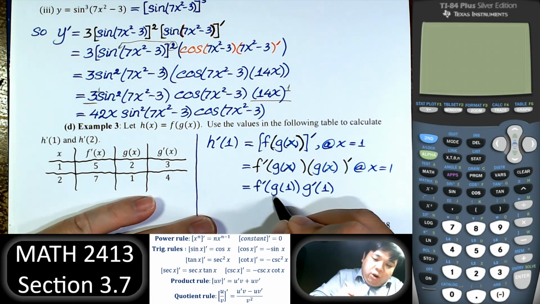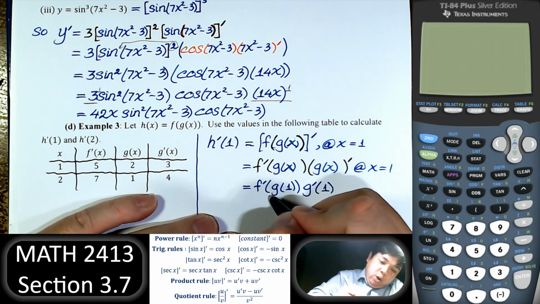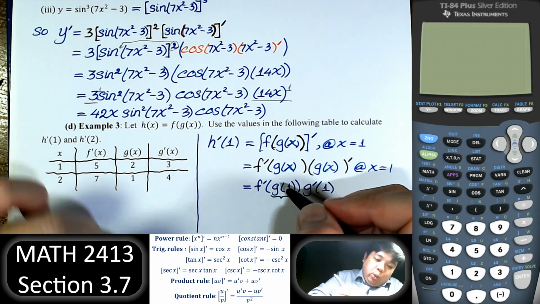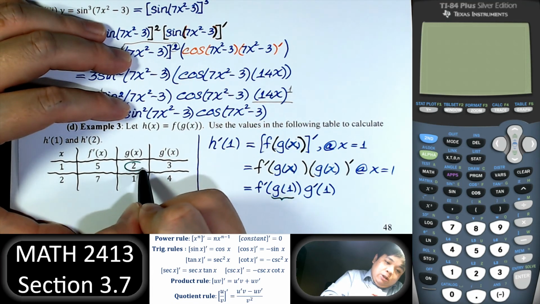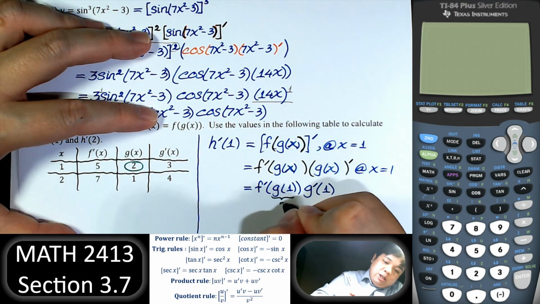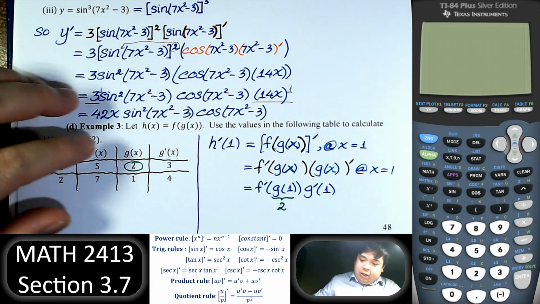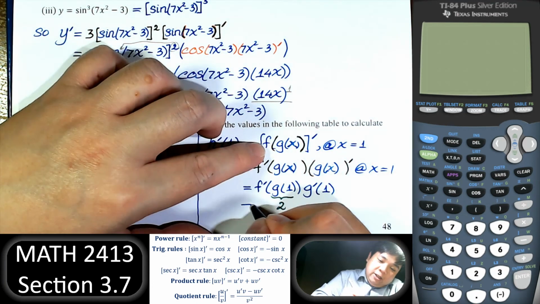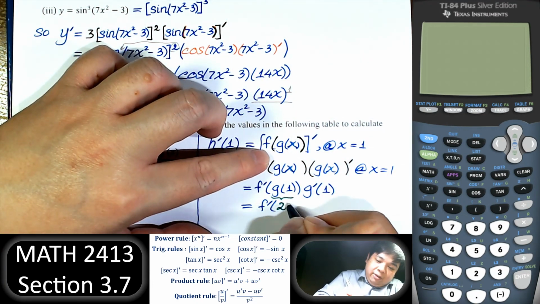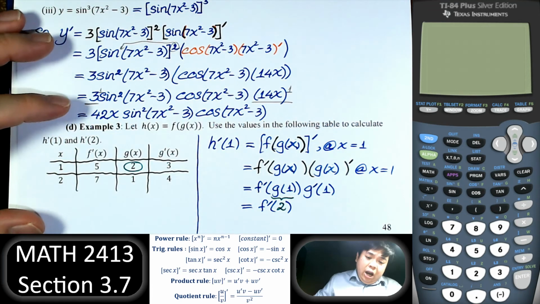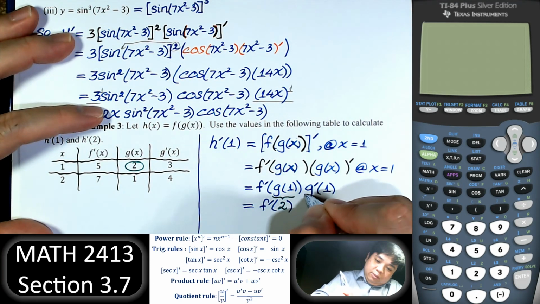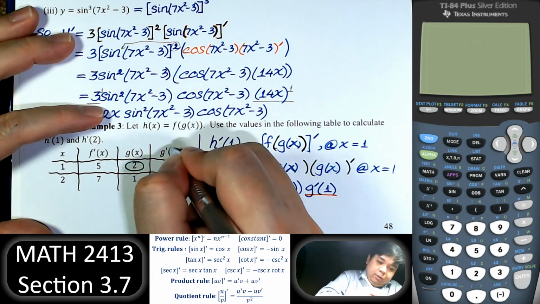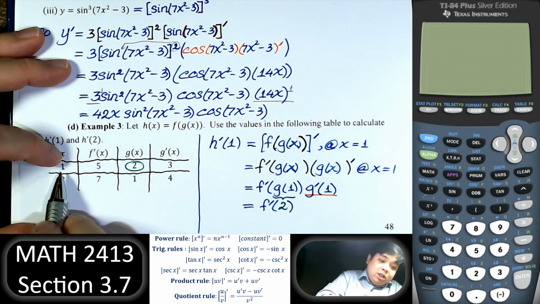So what is g of 1? G of 1 is the value of function g when x equal to 1. When x equal to 1, g of 1 is equal to 2. So this is 2. And then we still have the derivative of f at 2. G prime of 1, the derivative when x equal to 1, is 3.